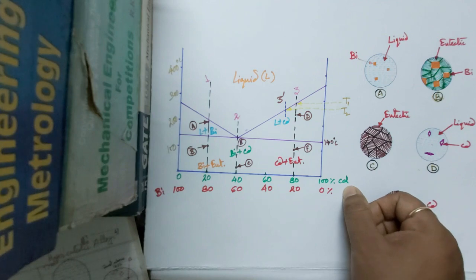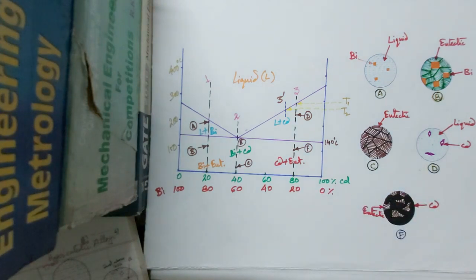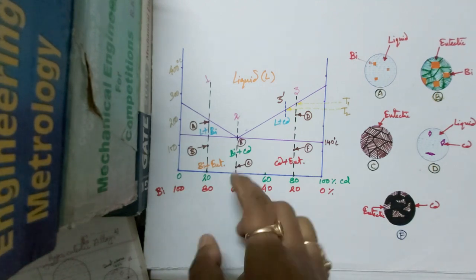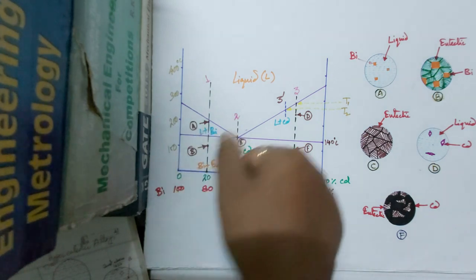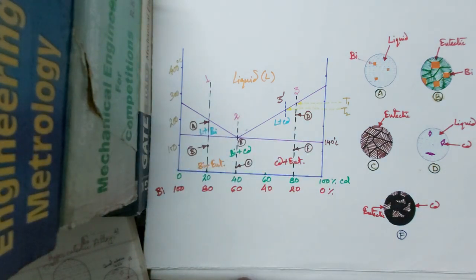Practically, we don't have any diagram which is totally insoluble in solid phase, but the amount of solubility is very little. That's why we are considering it as totally insoluble in solid state. So that's why we don't have any solvus line in this case.